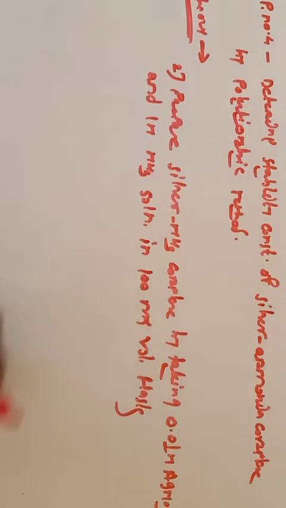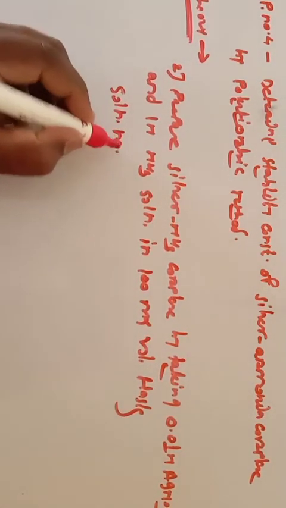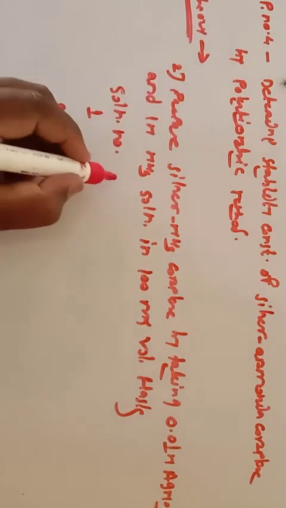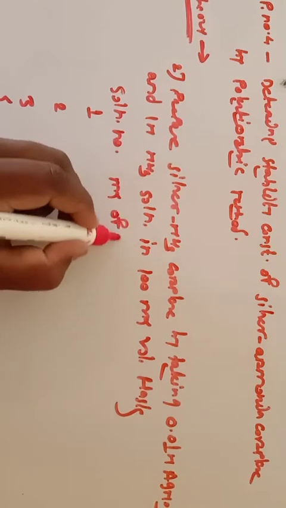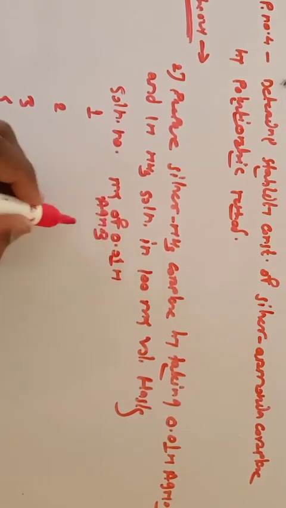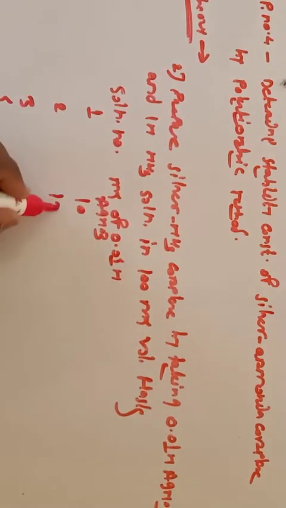So let us discuss the observation table, that is solution number 1, 2, 3 and 4. Then we require the ml of 0.01 normal AgNO3 solution. In the first flask we require 10 ml, and the volume of the silver nitrate is the same for all 4 flasks.